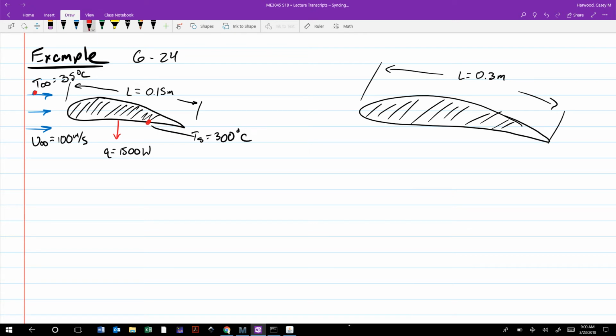We're also going to run it at a higher temperature. This is going to have a surface temperature of 400 degrees Celsius. And we're going to put it into a stream of air that has a velocity of 50 meters per second instead of 100. But that stream of air is also going to be at 35 degrees Celsius. Okay.